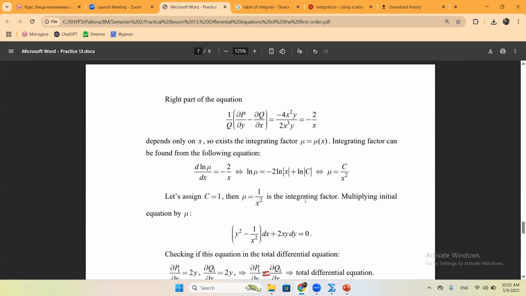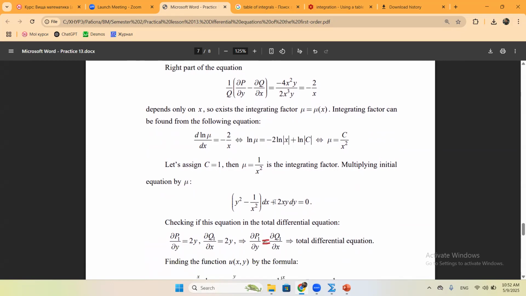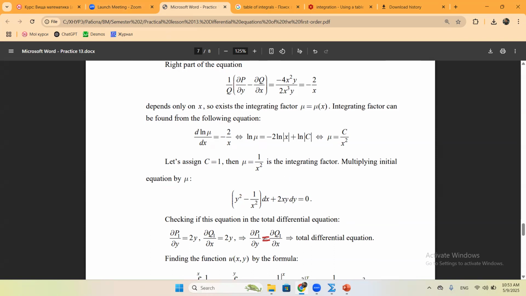So we have integrating factor 1 over x squared. If we multiply the initial equation by mu, we will receive the total differential. If we differentiate this part by y, we receive 2y, and if we differentiate this part by x, we receive 2y. So we received a total differential equation, and now we can restore the function given by total differential.